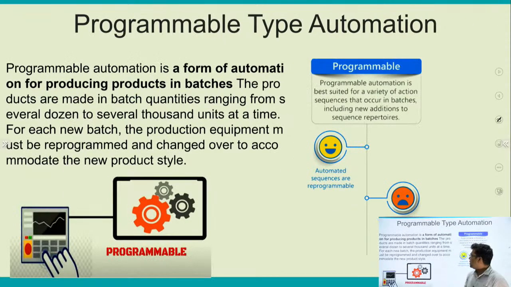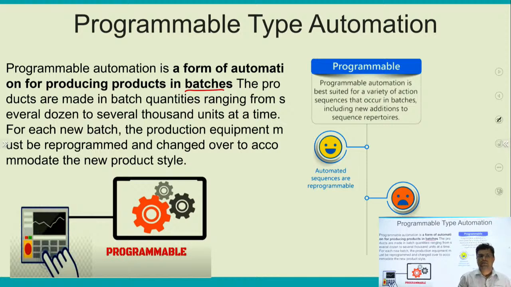Another one is the programmable type automation system. It has more flexibility as compared to fixed type automation. This is used for producing products in batches. We can produce a large number of products, like 100 or 1000 at a time.